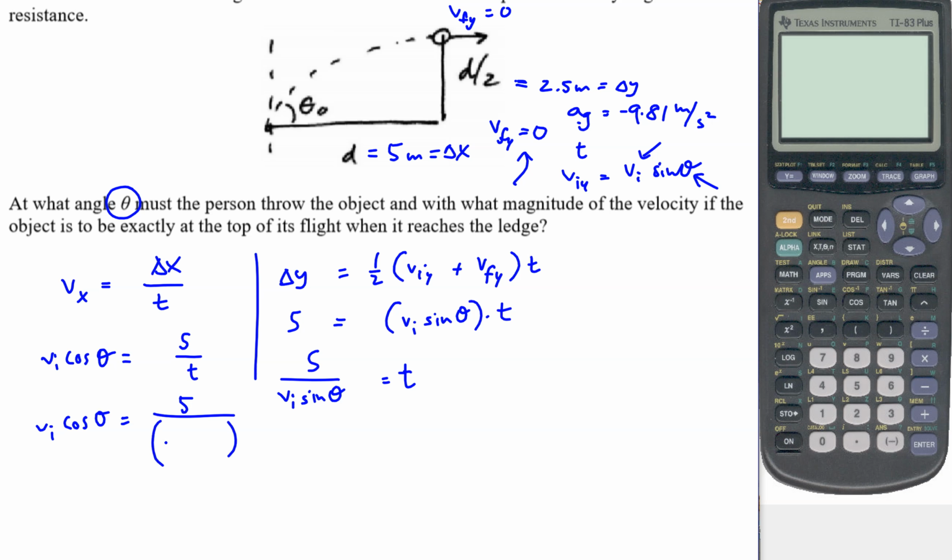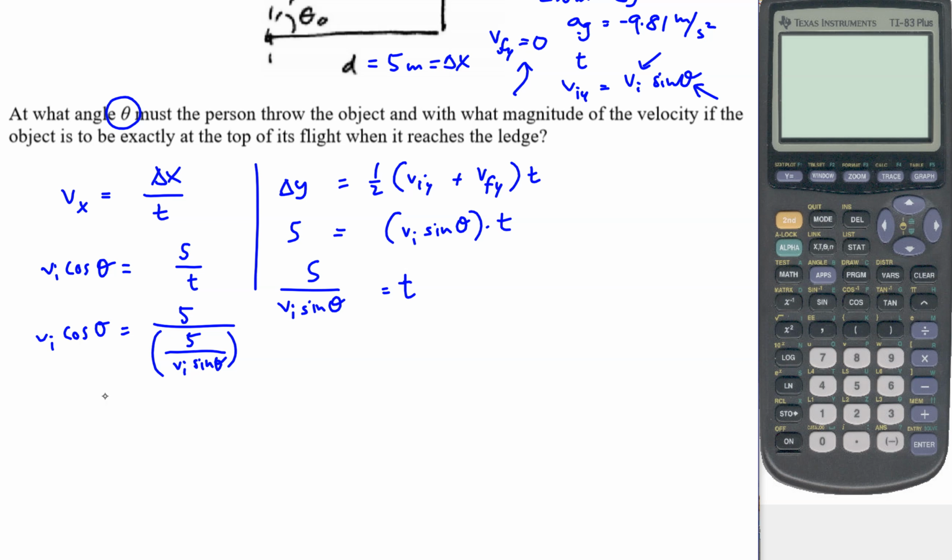T is 5 over VI sine theta. All right, that's better. If you like, instead of taking 5 and dividing by this mess, take 5 and multiply by the reciprocal. And we see the 5 cancels. The VI even cancels. We have cosine theta equals sine theta.